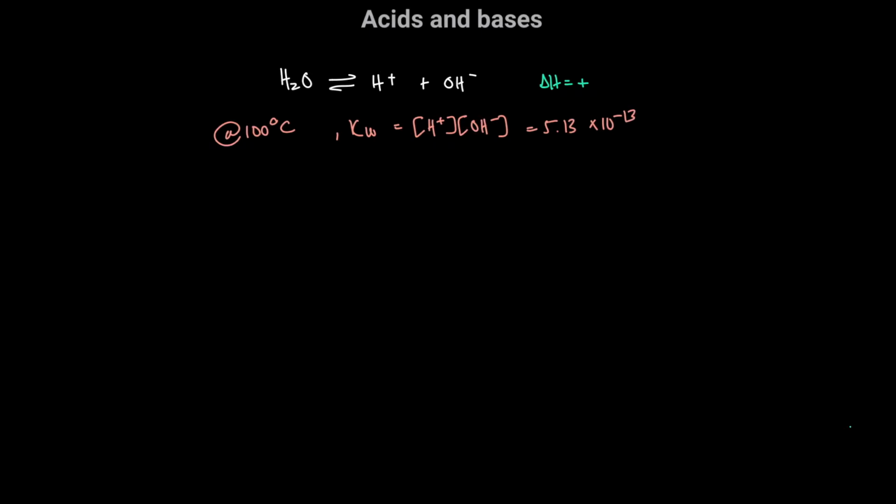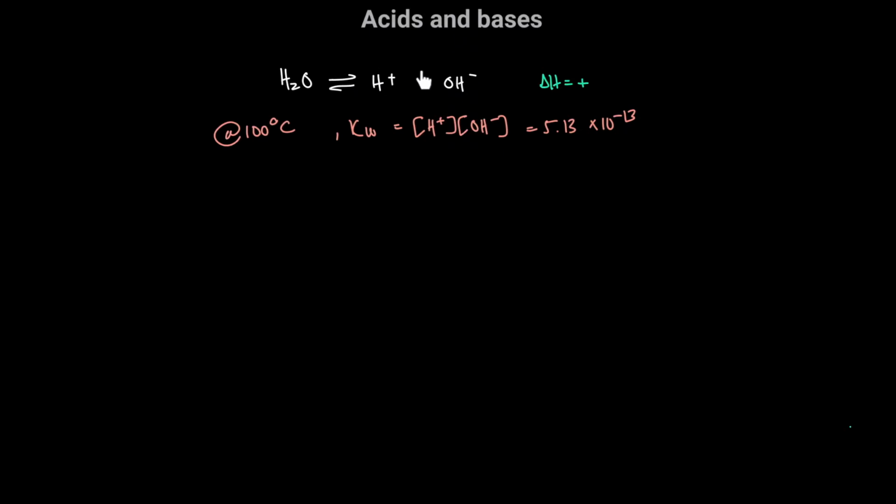We know at 25 degrees Celsius this value is 10 to the power of negative 14. If I increase the temperature, because this is an endothermic process, there's a greater degree of ionization, and equilibrium shifts to the right.